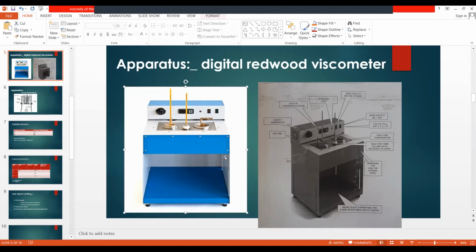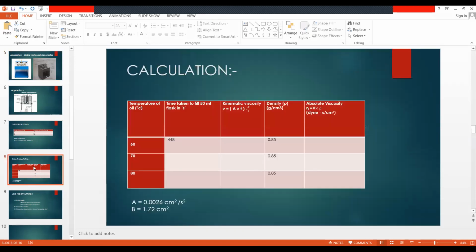If you know the time to collect 50 milliliters through that small orifice, the orifice diameter and everything is standard, so they will provide an equation for this apparatus in the lab sheet. Here you can see the equation: v, the kinematic viscosity, equals A into t, with a B term.